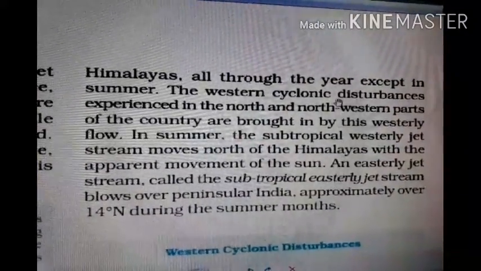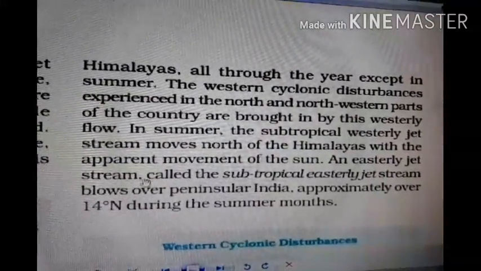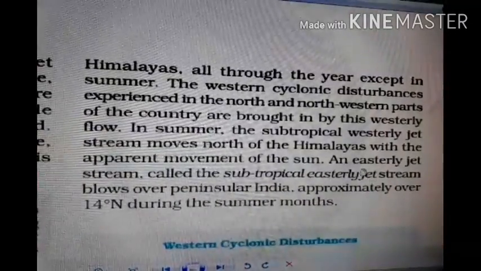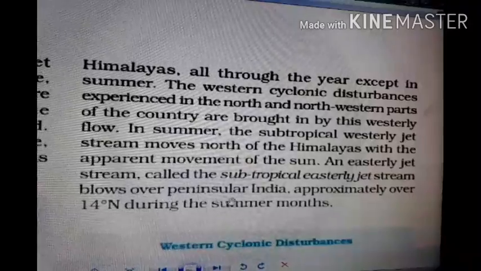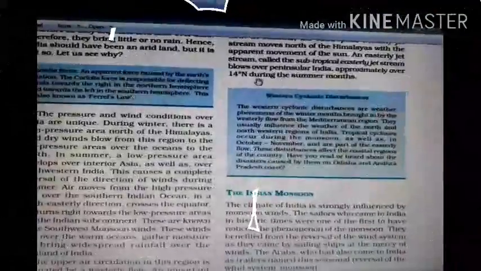It moves north of the Himalaya with the apparent movement of the sun, and an easterly jet stream called the subtropical easterly jet blows over peninsular India, approximately over 14 degrees north during the summer months.